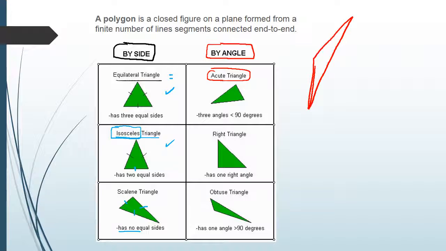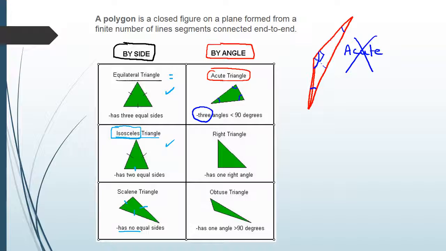Okay, if your triangle has one or two acute angles, you can't really call it acute because the third angle is not less than 90. Remember 90 would be that square right there? This one goes beyond that. So this is not acute. It has to have all three, less than 90, less than 90, less than 90.